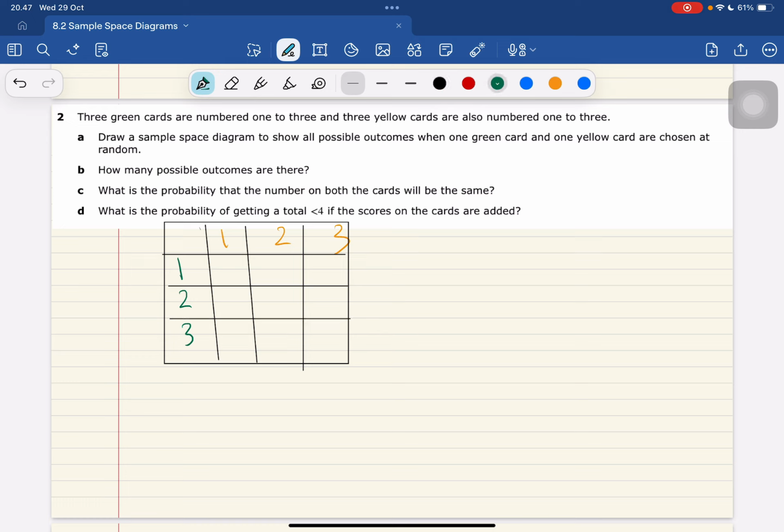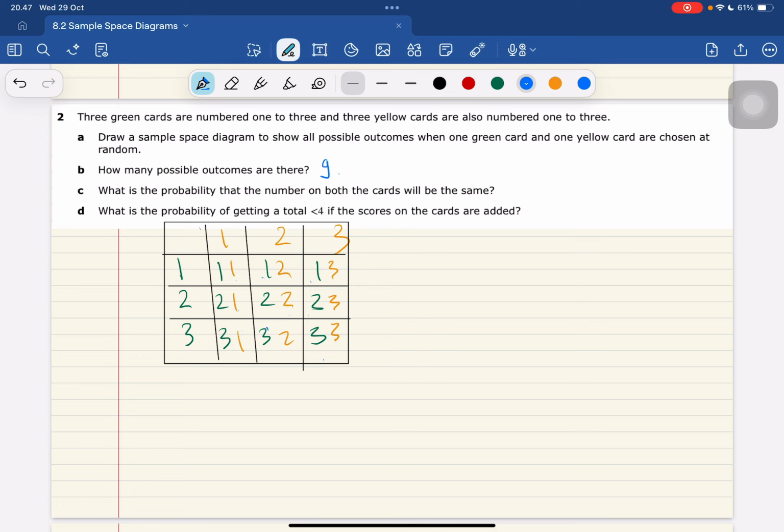The green is going to be 1 here, 1 again, 1, 2, 2, 2, 3, 3, 3. With the yellow, it's going to be 1, 1, 1, 2, 2, 2, and then 3, 3, 3. How many possible outcomes are there? We can count them: 1, 2, 3, 4, 5, 6, 7, 8, and 9. So B is going to be 9.